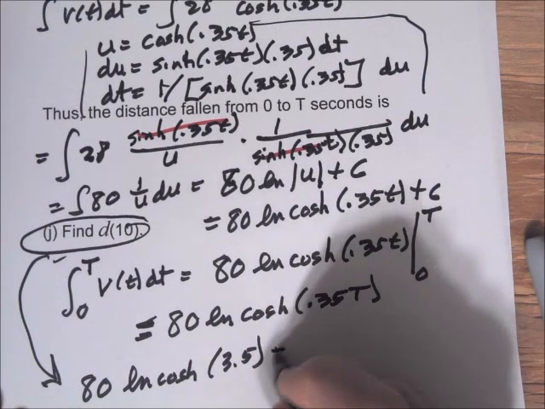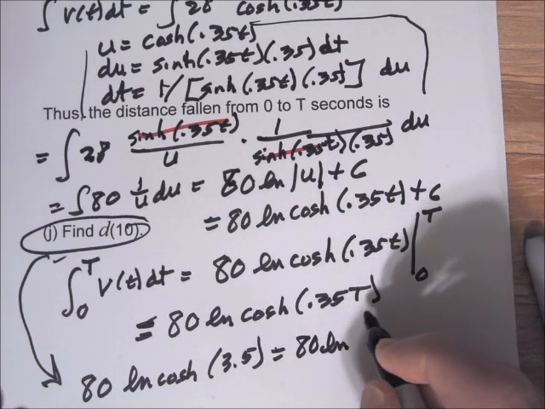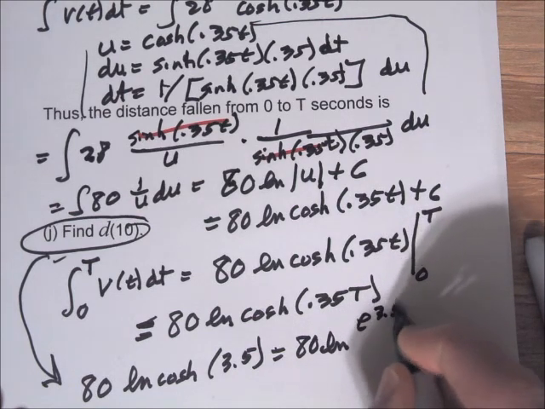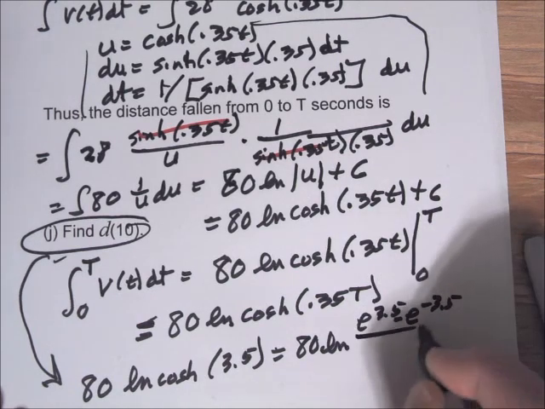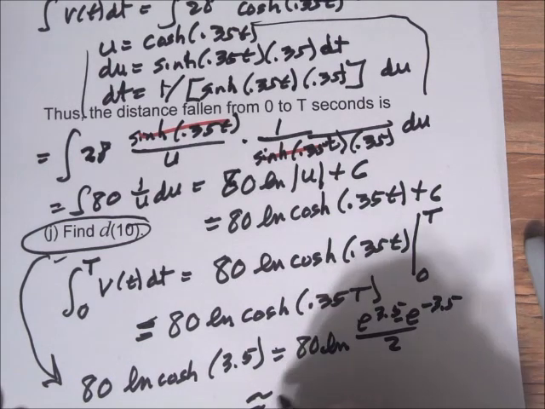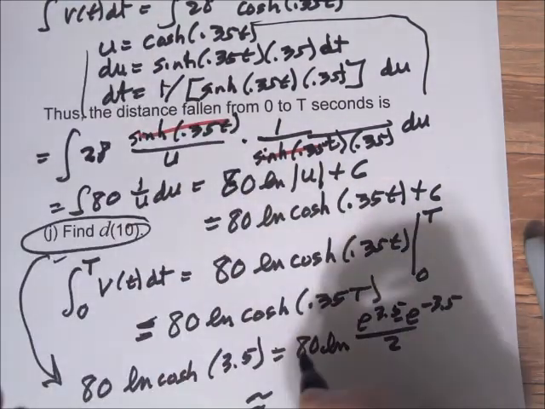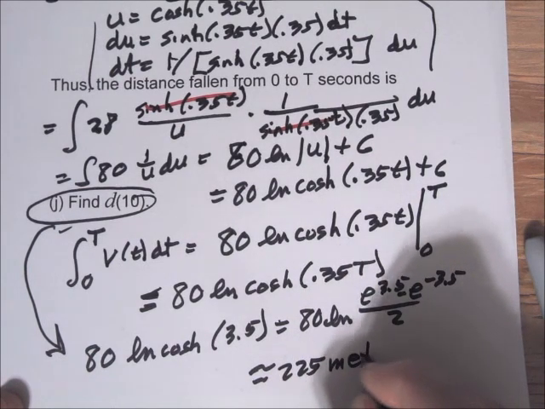So it's 80 ln of (e to the 3.5 plus e to the minus 3.5) over 2, and you can put that in the calculator. It's approximately 225 meters.